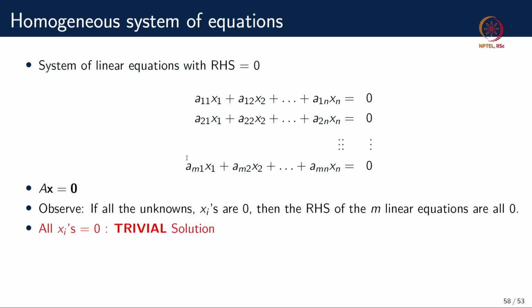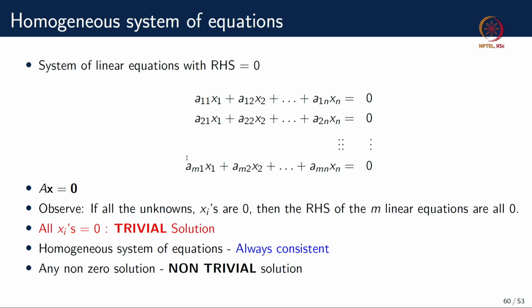Thus, we see that the homogeneous system of equations is always consistent. It always has a solution. However, the solution can be different. If you have a non-zero solution, we call it the non-trivial solution to the homogeneous system of equations.